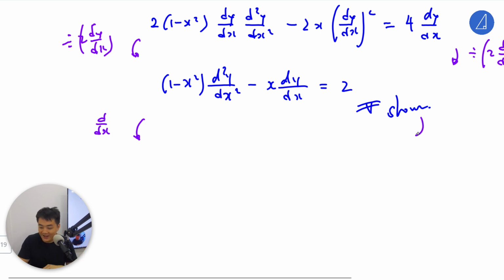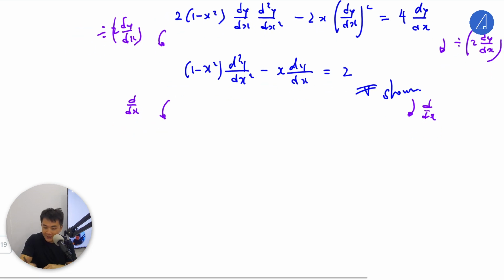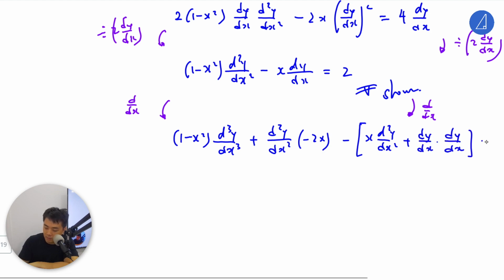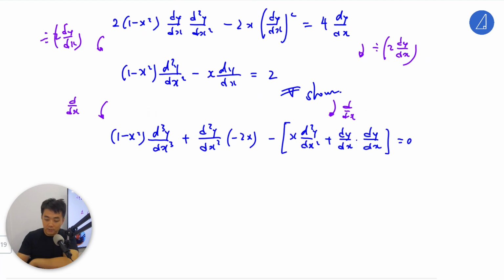Yeah, d dx. So in this case here, what we get is keep the one on the left, differentiate the one on the right, keep the one on the right, differentiate the one on the left. Same thing. So I'll write this down.